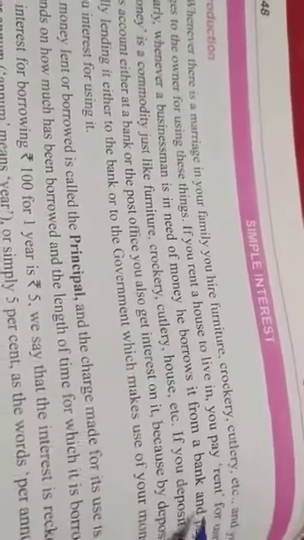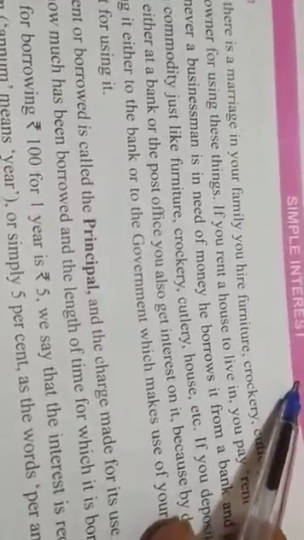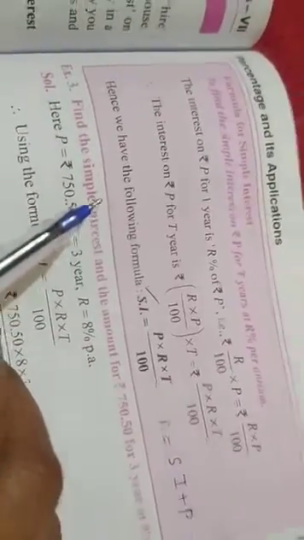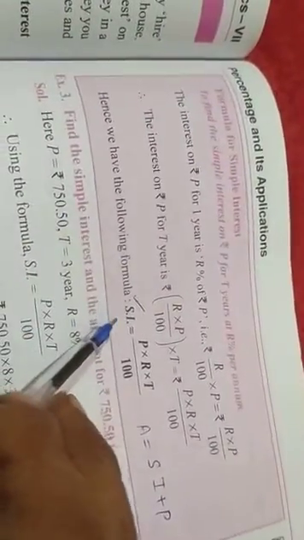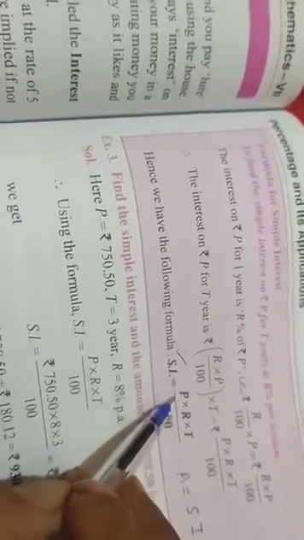Hello students, today we will do simple interest exercise in the chapter of percentage and its application. So the formula for simple interest is equal to P into R into T upon 100. What is P here? Principal.